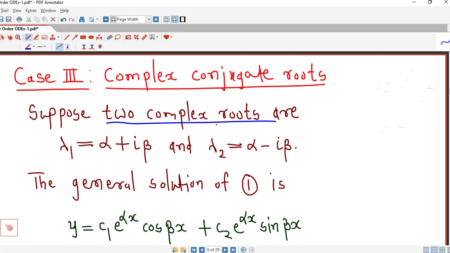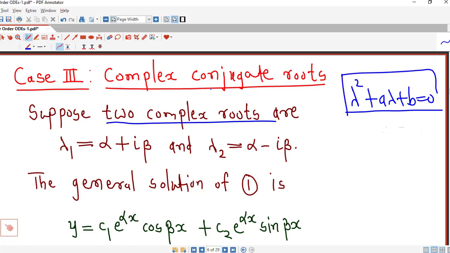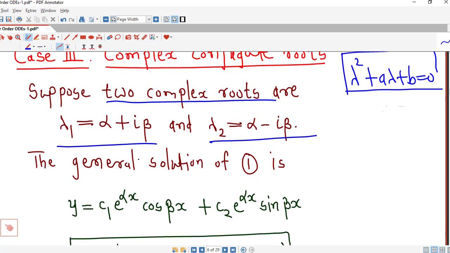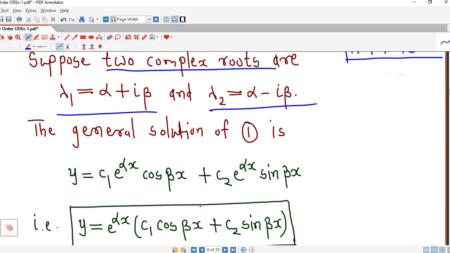Now our auxiliary equation is lambda square plus a lambda plus b equal to 0, and the third possibility for the roots is complex conjugate roots. So suppose the two complex roots are lambda 1 equal to alpha plus i beta and lambda 2 equal to alpha minus i beta. So we can see both are conjugates of each other. So if roots are complex, then we will remember this formula for the general solution.